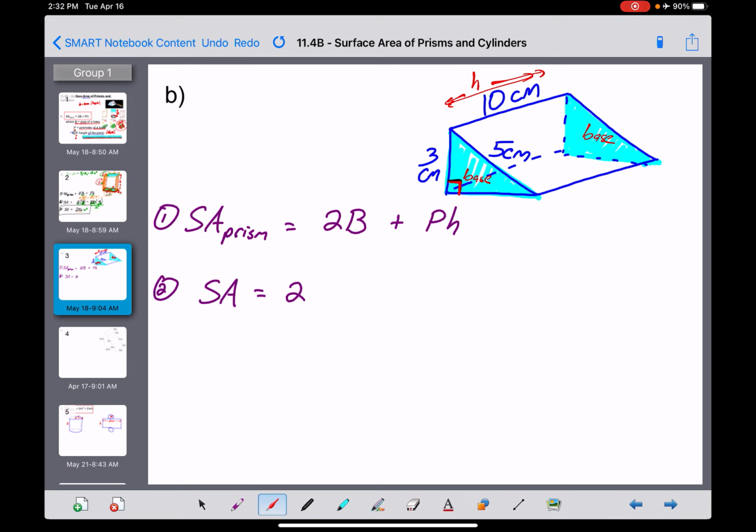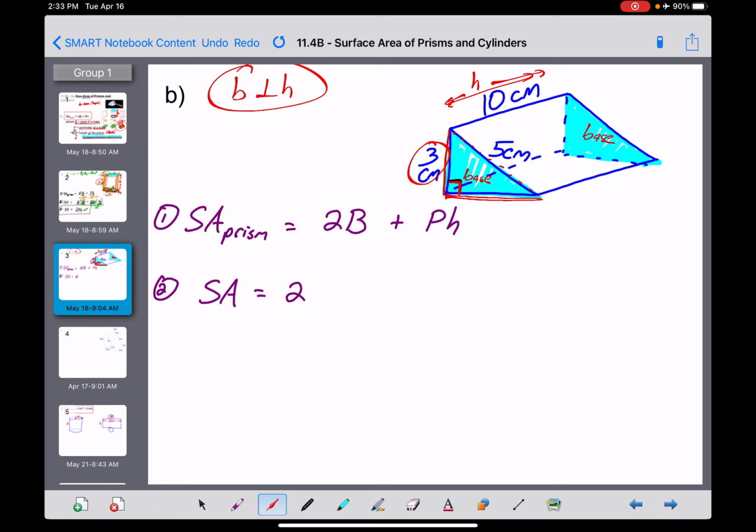Anytime you're dealing with a right triangle, you want to use those two legs, this piece and this piece right here, to be your base and height. Because remember something we talked about earlier in the chapter, base and height must always be perpendicular to each other. So this 3 centimeters right here is going to be my height, but I need this piece right over here.